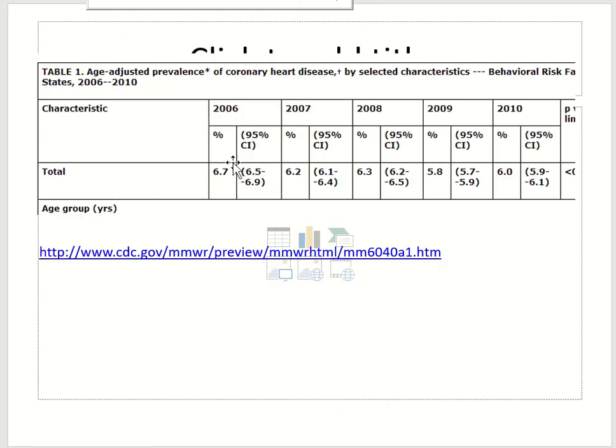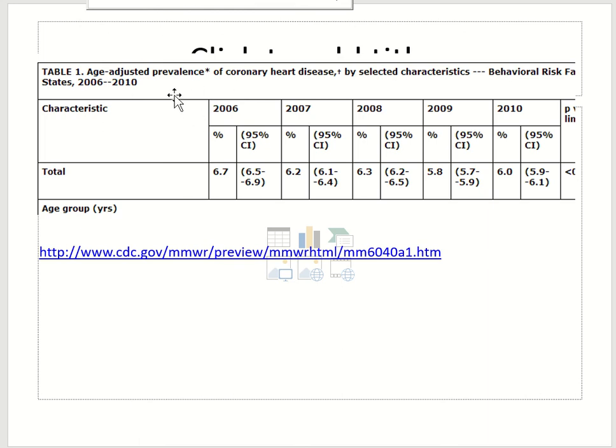Here's an example of coronary heart disease incidence rate, if I'm not mistaken. For the year 2000, 2007, 8, 9, etc., we're looking at, oh no, I'm sorry, this is prevalence.